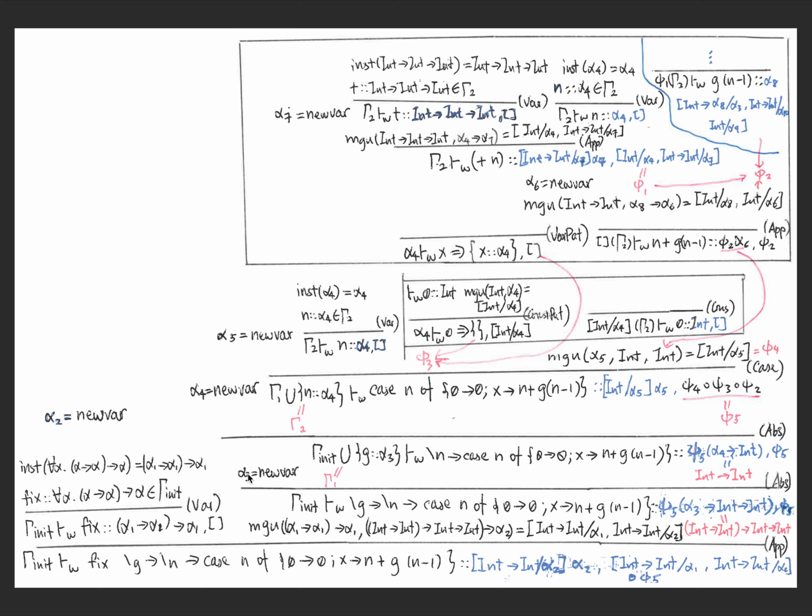First, we create another new unification type variable called alpha 3, and we give g, which is the formal argument, the type alpha 3, and we extend the type environment with g alpha 3, and let's call this gamma 1, under which we infer the type of the body of this lambda abstraction, which is itself another lambda abstraction, that is lambda n case expressions, and hopefully that will give us some result, and then we can use it for unifying alpha 3 with that result, to create a function type.